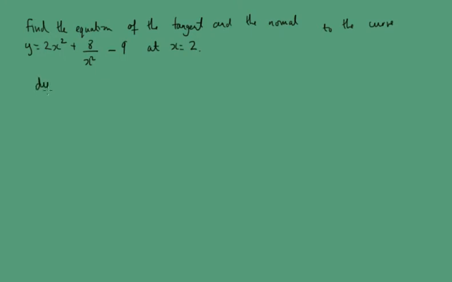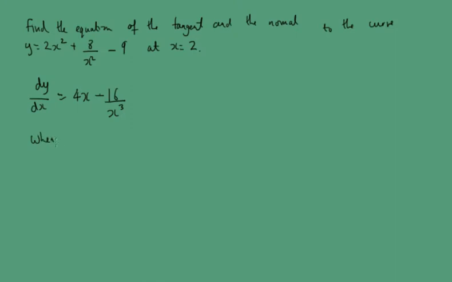So we'll do dy by dx, and that's going to be equal to 4x minus, now this will become minus 2. Minus 2 times 8 is minus 16, and that'll be over x cubed.